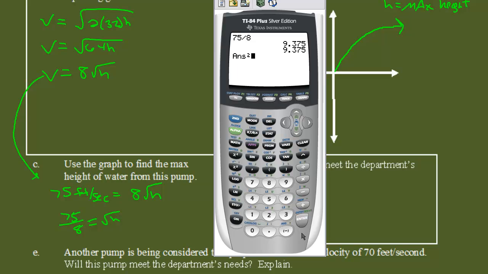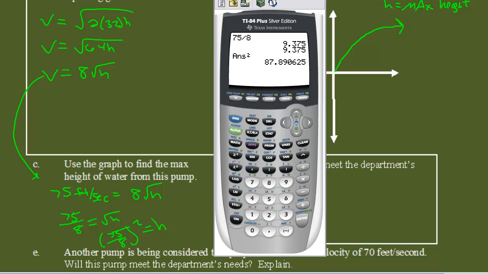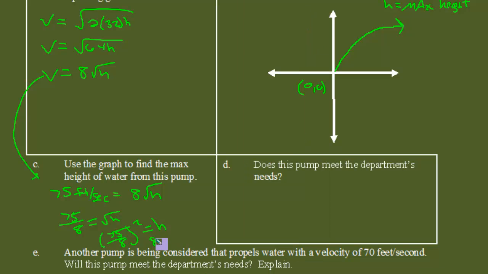Square that, and get, let's say 87.9, that's rounded, even though I hate to round. So if I square both sides, we get 75 over 8 squared, which once again was 87.9 approximately.